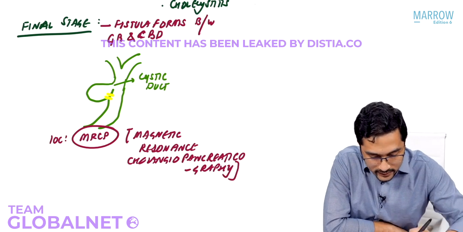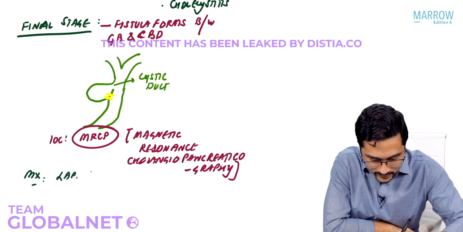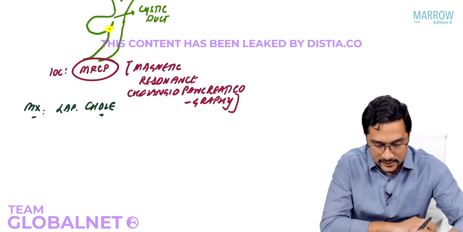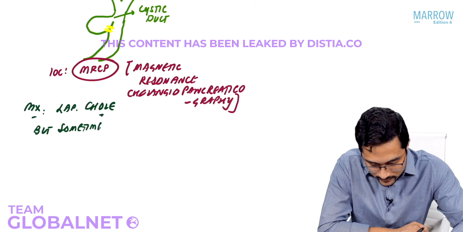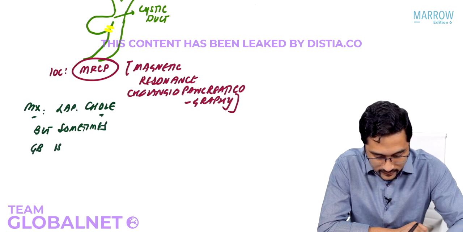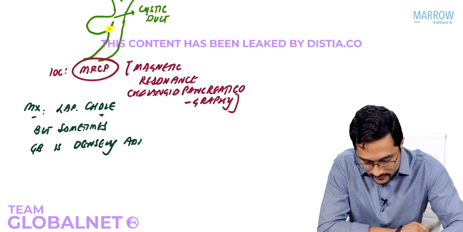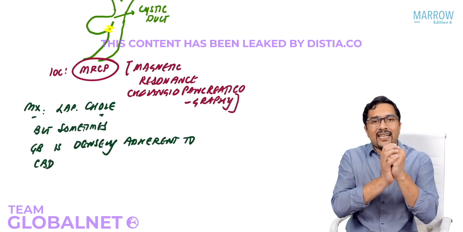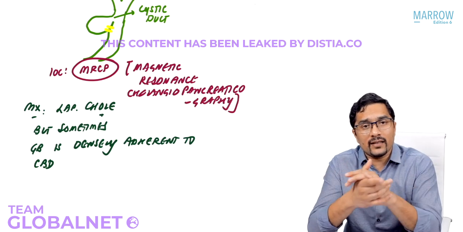The management of these patients with Mirizi's syndrome is that you have to carry out a lap cholecystectomy. But sometimes the GB is densely adherent to the CBD. And if it is densely adherent, if you try to remove it, you might create a bigger tear in the CBD.